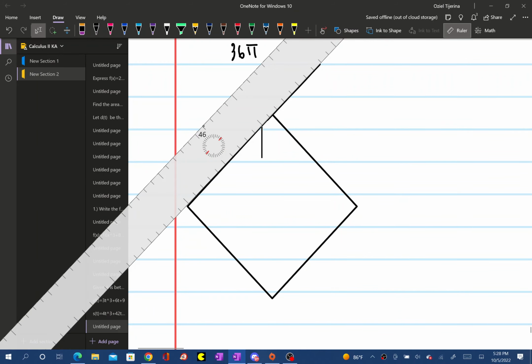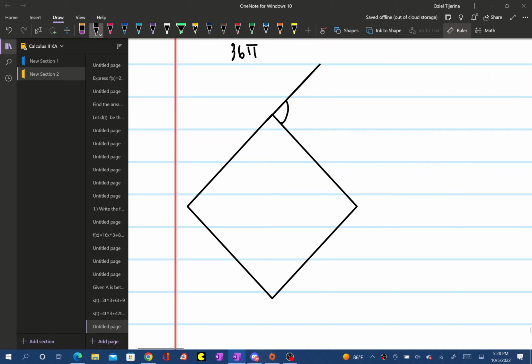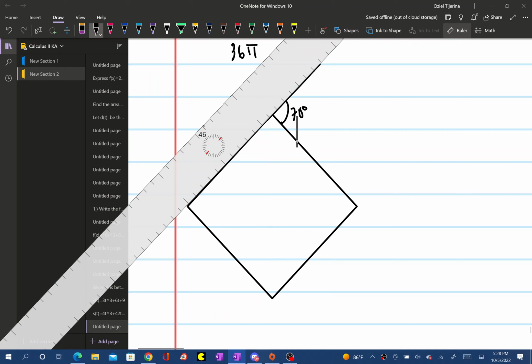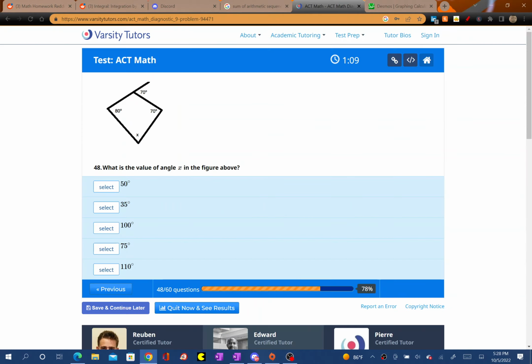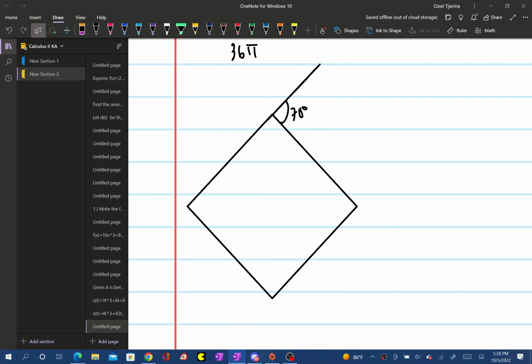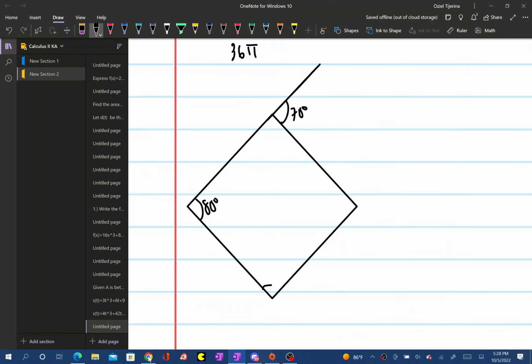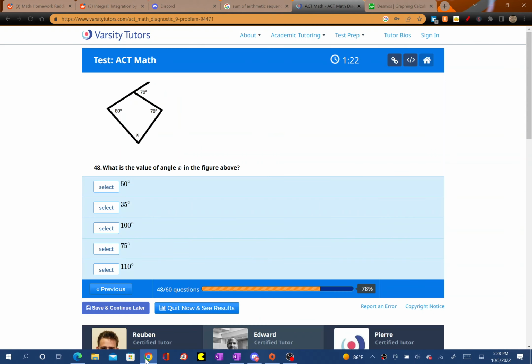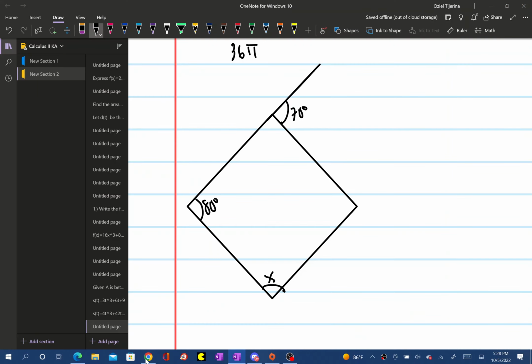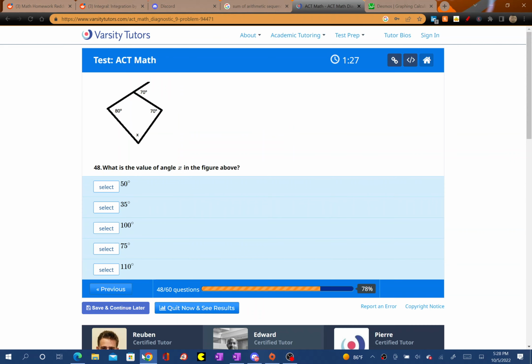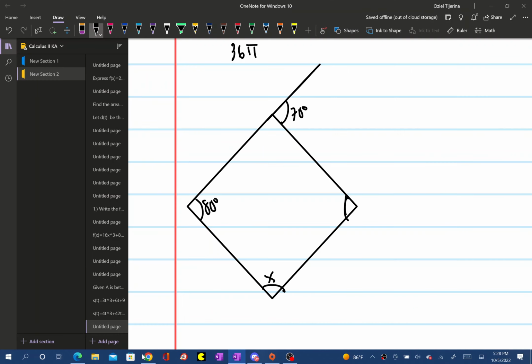One of the angles measures 70, so this angle is 70 degrees. And then they say that this one is 80 degrees. And then they say this is x, which is what we're solving for, and this is 70 degrees, I think because of alternate interior or alternate exterior, something like that.